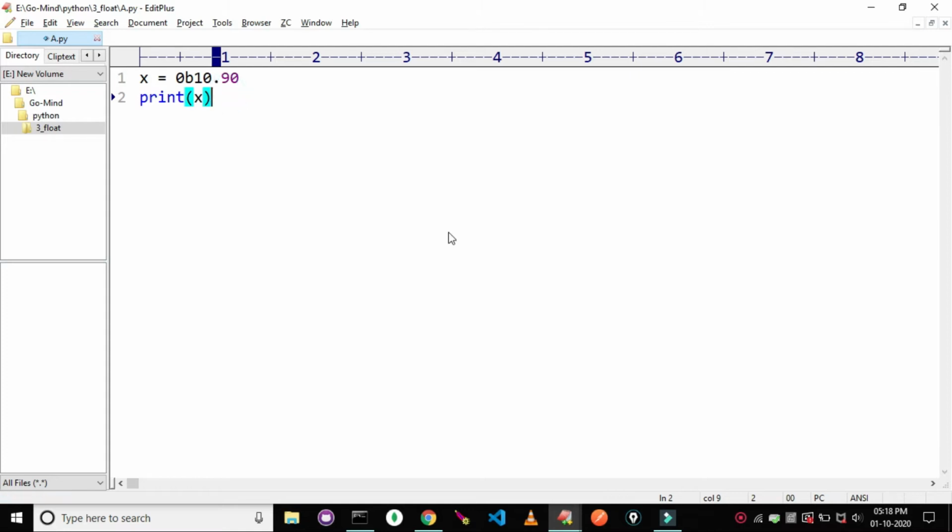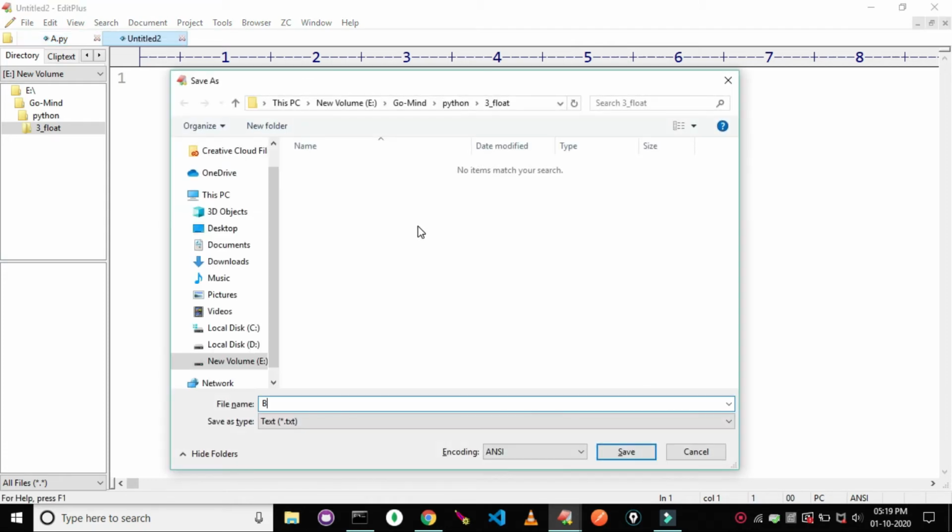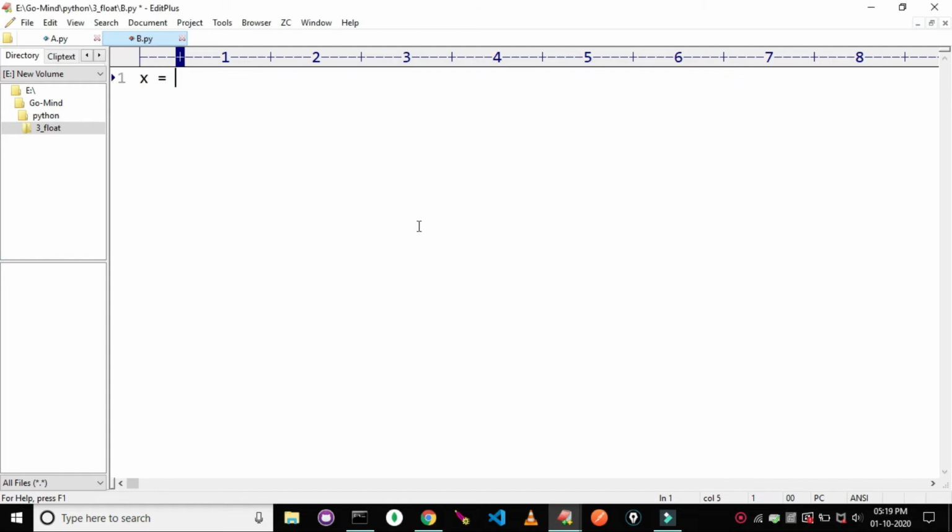If we have a very large float value, then it is converted into its scientific notation. So let's see an example, b.py. Suppose we have a very large float value, something like this, then either it will be converted into its scientific notation, or it will be rounded off, or it will encounter dropping of higher order bits.